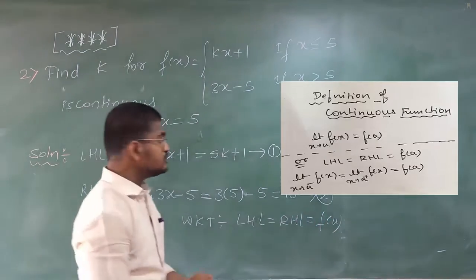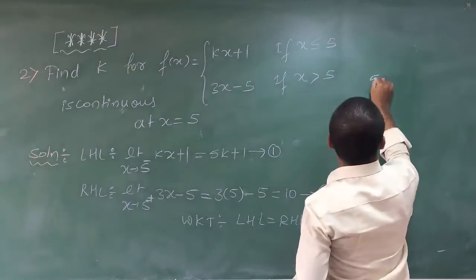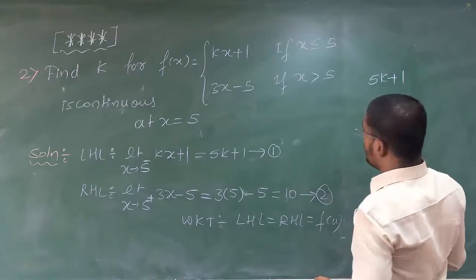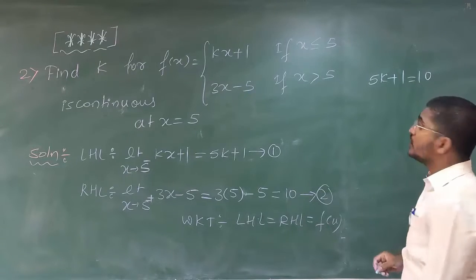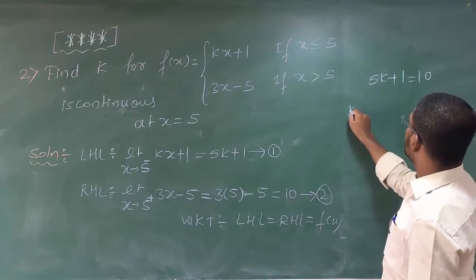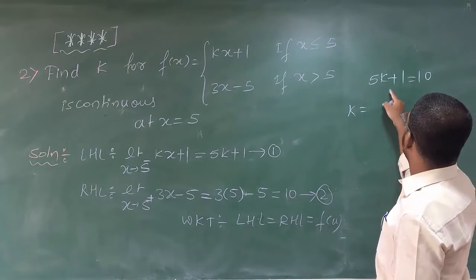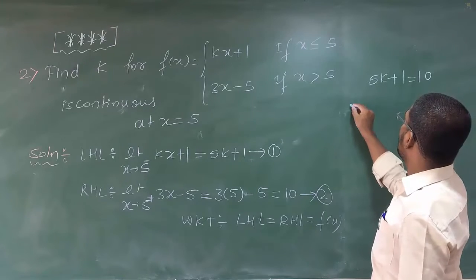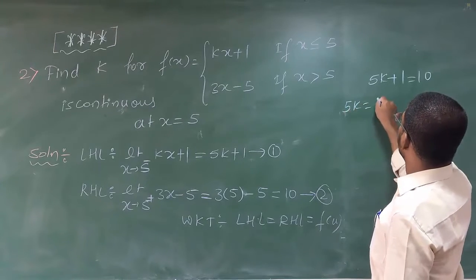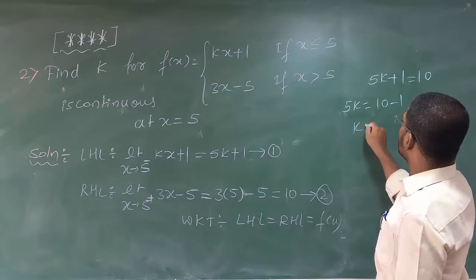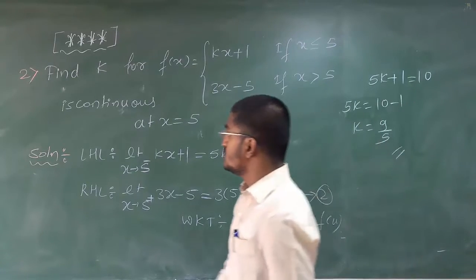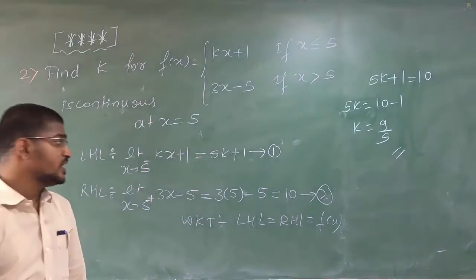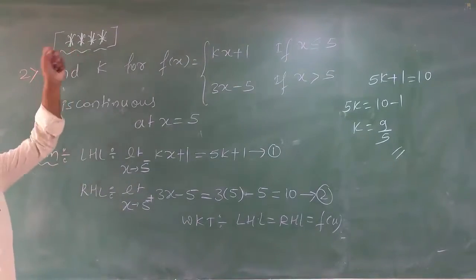Use this. LHL is 5k plus 1, RHL is 10. Clear? So 5k equals 10 minus 1, k equals 9 by 5. So this much is enough to write in your exams for this.